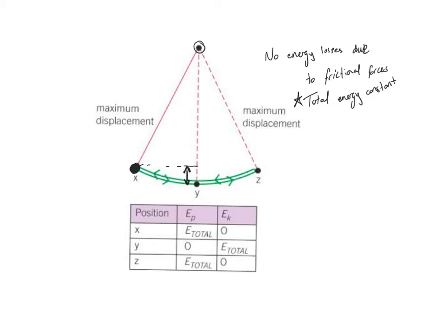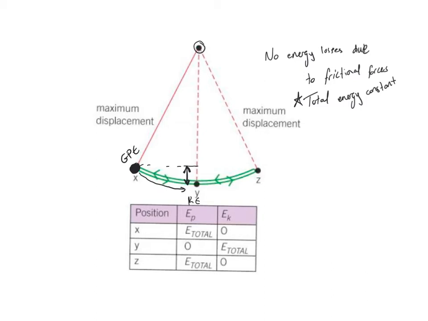So that little height change actually causes the object to gain energy in its gravitational potential energy store. So all the energy is in the gravitational potential energy store. And as it falls back to the equilibrium position, that energy is being transferred to the kinetic store of the object.